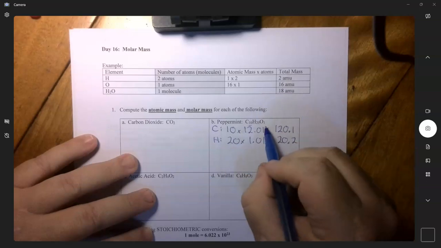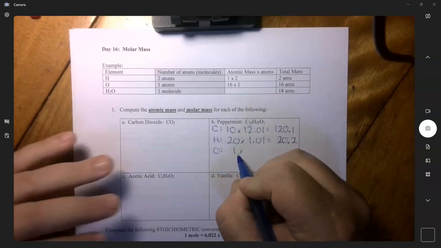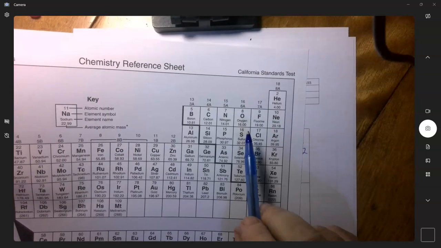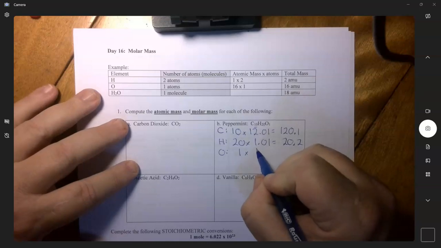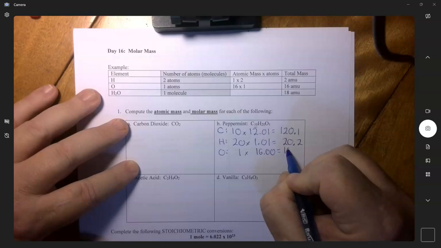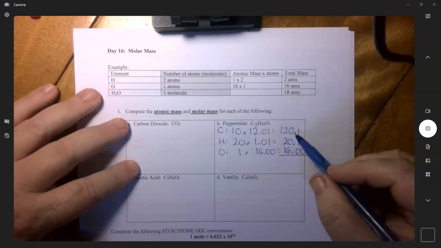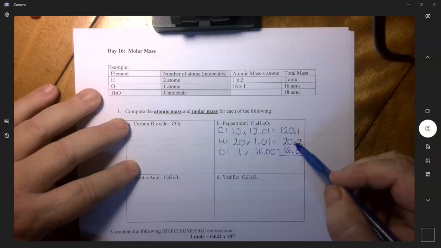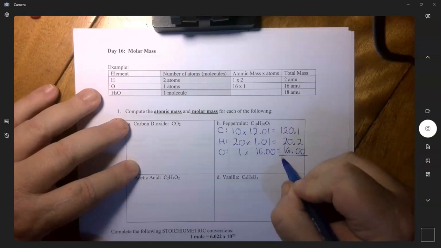Okay, and finally oxygen, there's one of those. And the periodic table says that the atomic mass for oxygen is 16. Alright, so we just add these up and we get 120, 140.3, 150.3, 156.3.